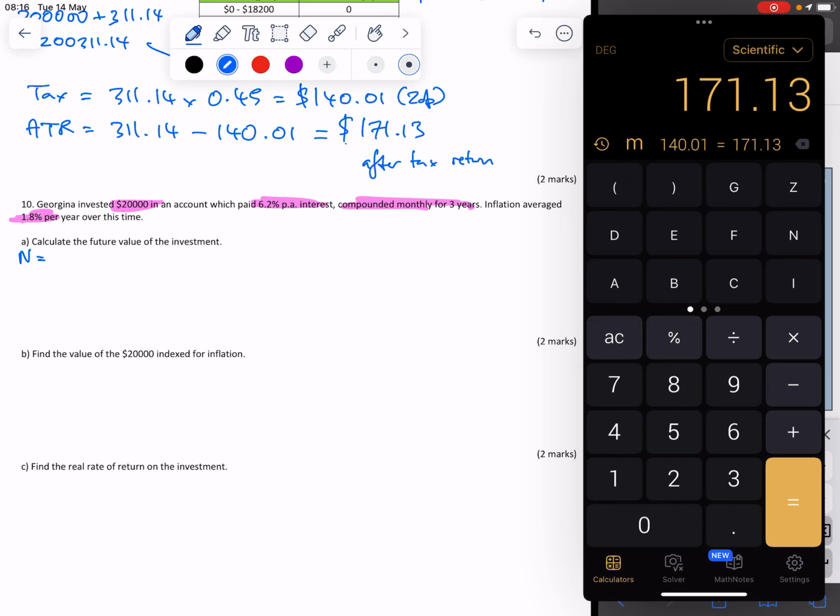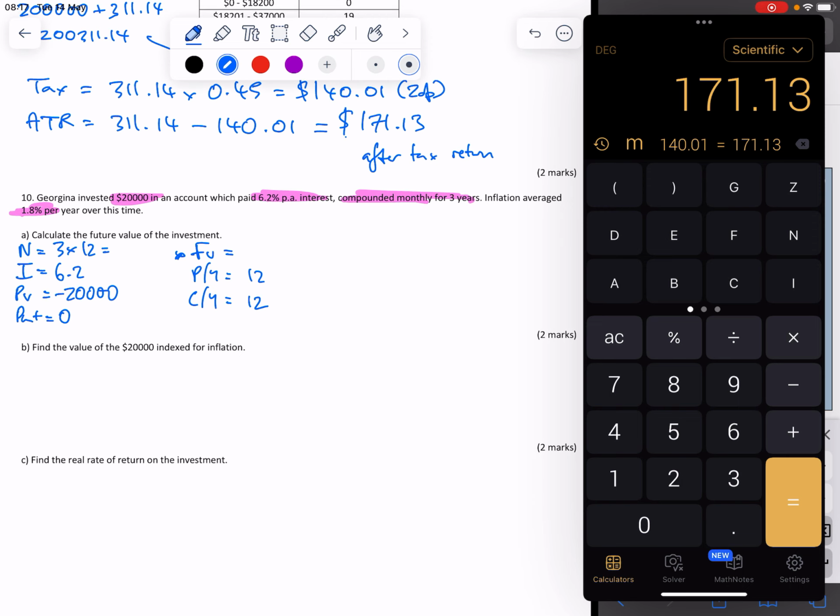Put in an account that was 6.2, PV was 20 grand, so 20,000 into an account, so it's negative 20,000, PMT, nothing. We want to find the future value, so put a star next to FV. PY and CY: compounding monthly, so both of those are 12. 3 years, but it's 12 times a year, so N is going to be 36.